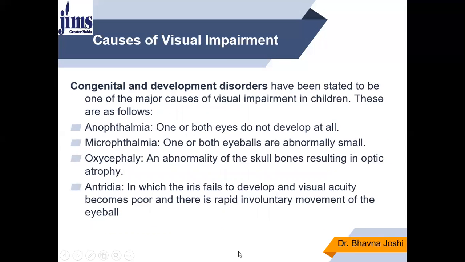There are four developmental disorders which I have written. These are basically due to the problem that the eyes, eyeballs, or skull bones were not developed from birth.